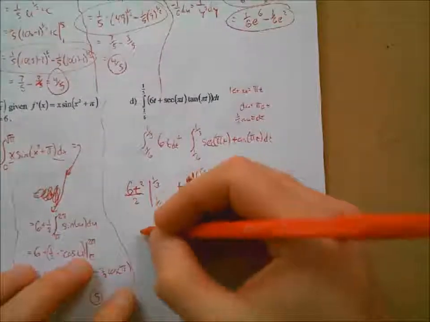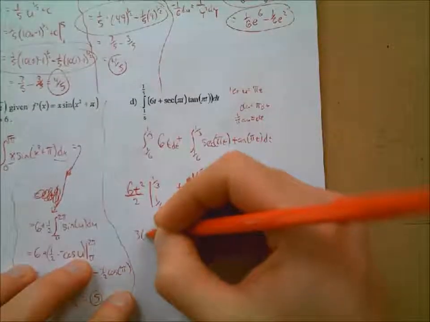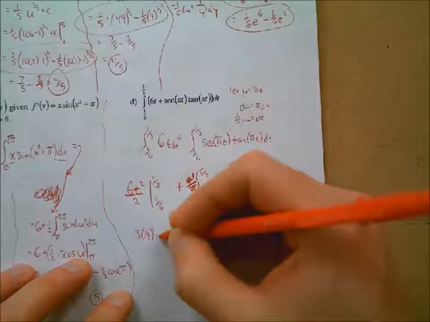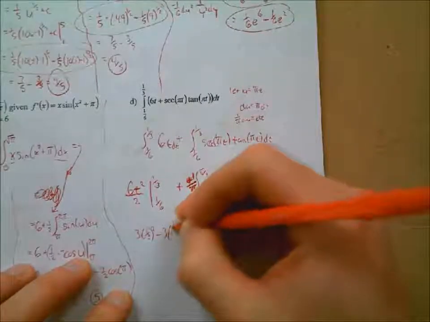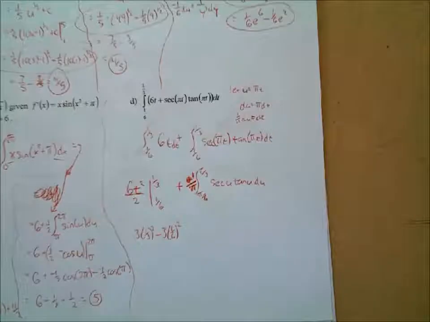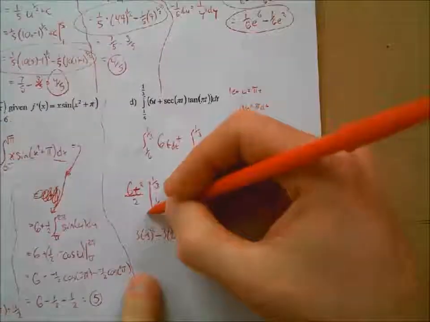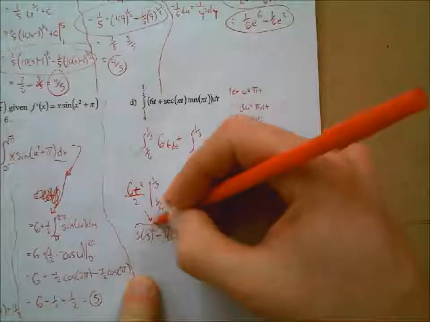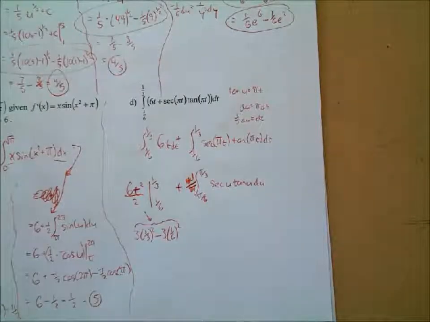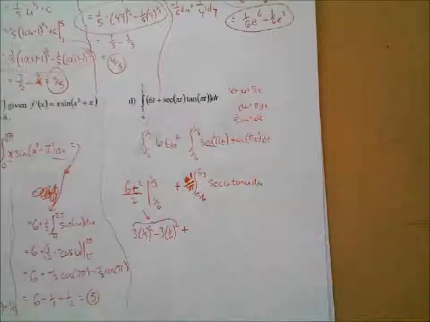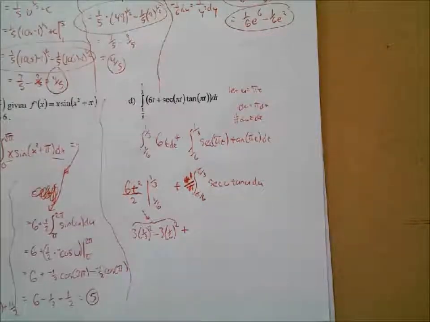All right. So we ended with 3 times 1/3 squared minus 3 times 1/6 squared, again from 1/6 to 1/3, plus, and now we'll go ahead and integrate this thing.